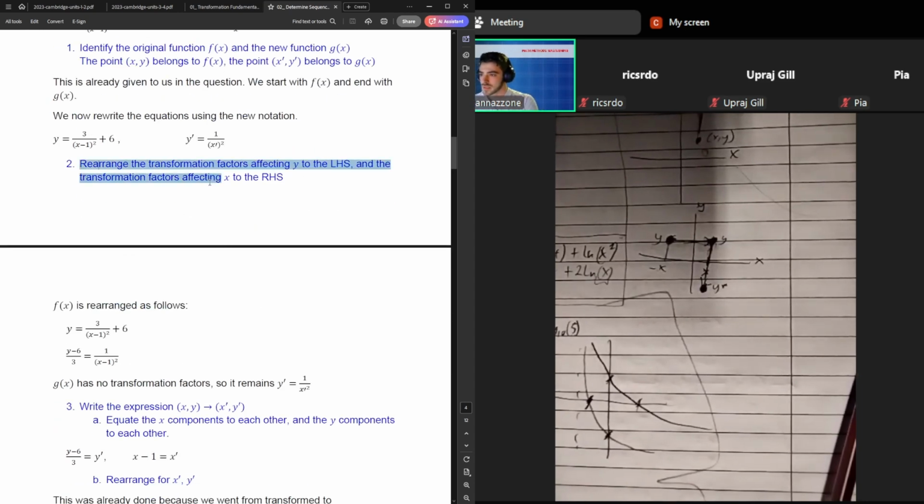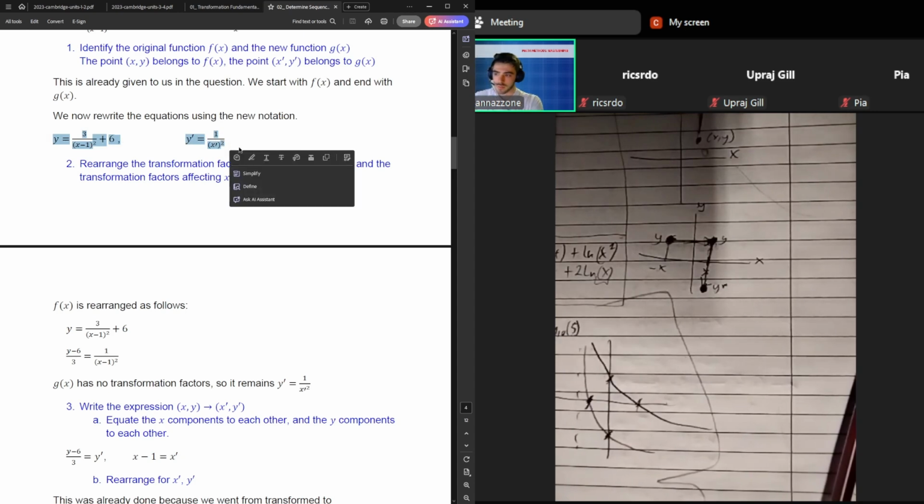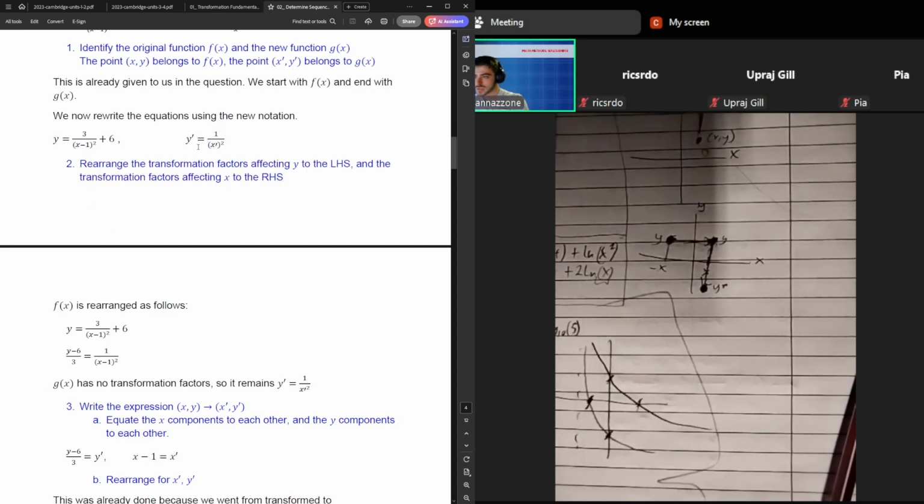Okay, next we want to figure out what all of our transformation factors are. And so what we're going to do is look at both of our functions and put everything that impacts the y on the y side, and everything that impacts the x is going to stay on that x side. Obviously nothing to be done for the second function, it is just a basic truncus. However, with this one, you've got this plus 6 and you've got this multiplication of 3.